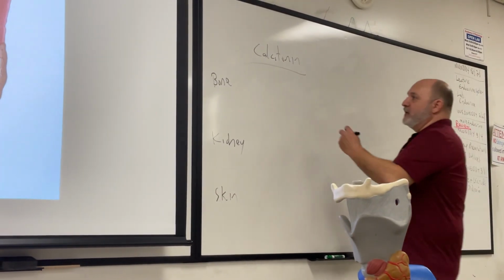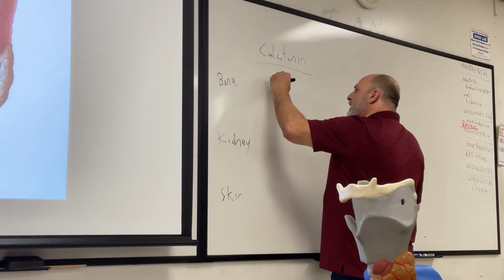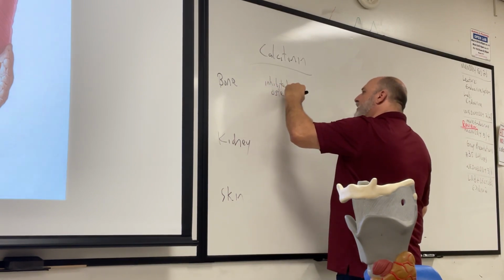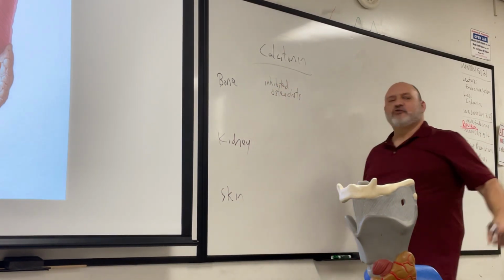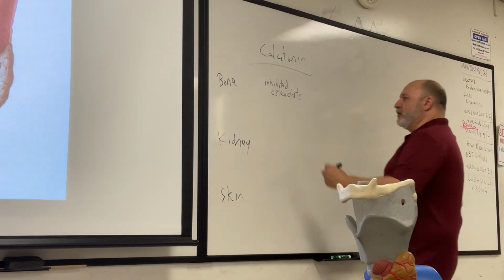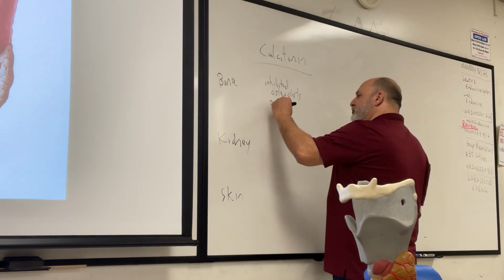In the bone, it inhibits osteoclasts. So less bone matrix is broken down. Right? Our osteoblasts are still building at the same rate, but our osteoclasts are not breaking it down. So we are going to build more matrix.